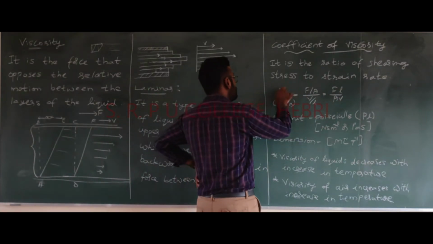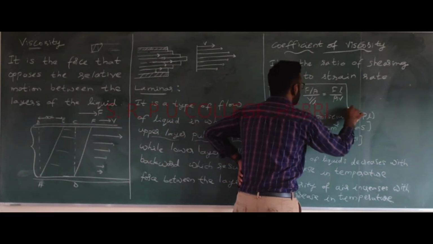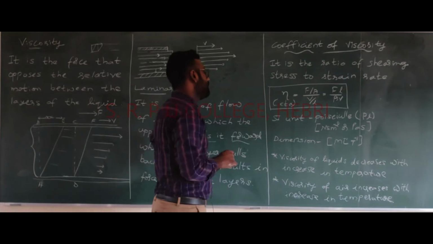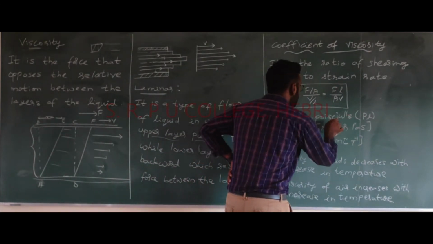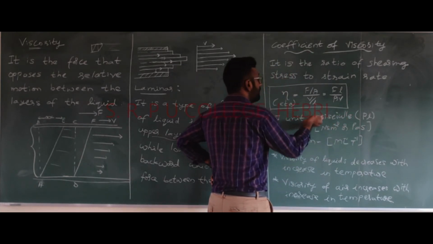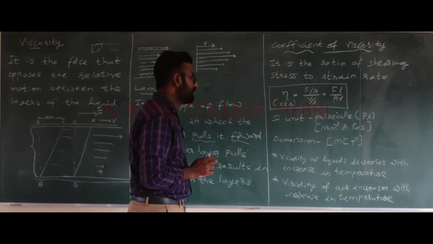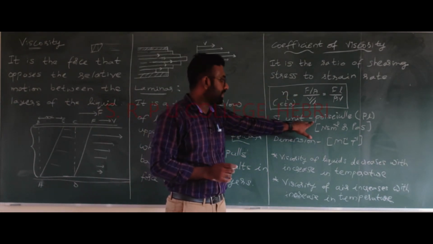So this coefficient of viscosity is known as eta. Remember this equation. SI unit is nothing but Poiseuille. This SI unit is given in honor of the scientist called Poiseuille.